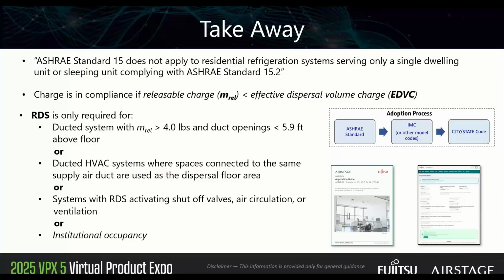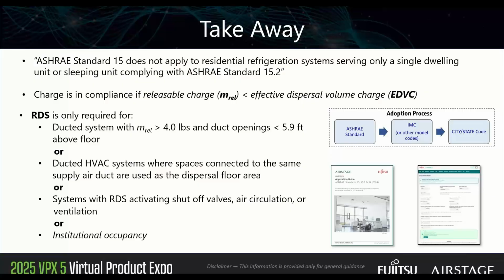And in short, an RDS will be needed if we have a system in ducted above 4 pounds charge and less than 5.9 feet above the floor. Ducted systems where spaces are connected to the same ducting, you saw that example, then you can use an RDS to include all those areas. Or if we have shut-off valves, air circulation, or ventilation initiated by an RDS, then we need an RDS. And also if it's institutional occupancy.